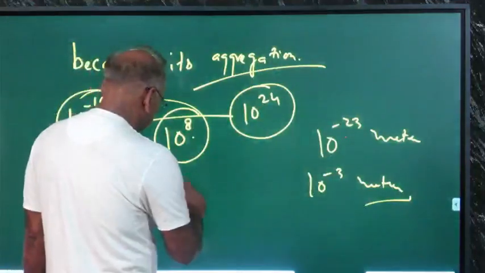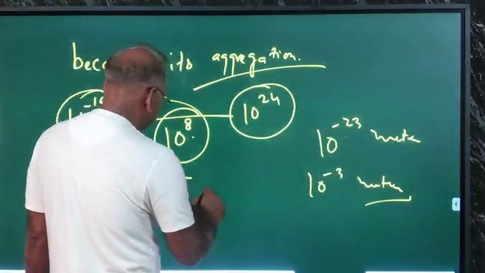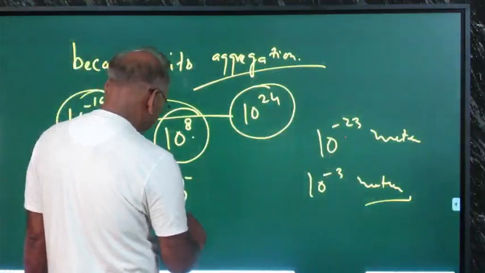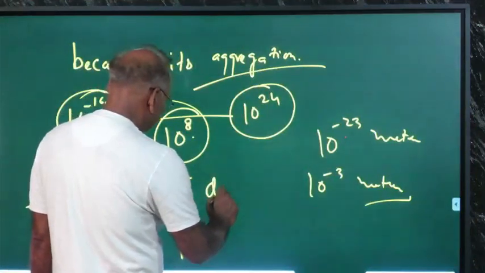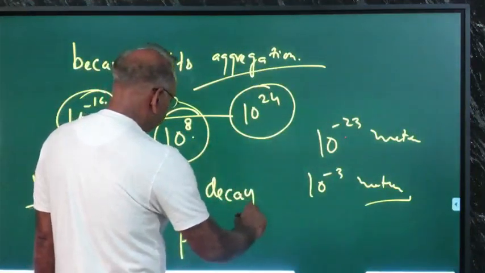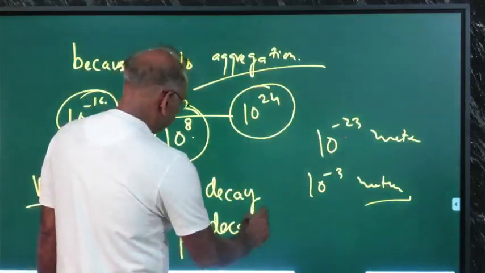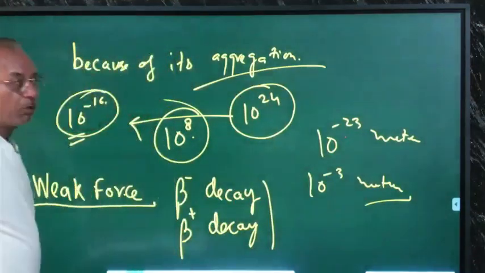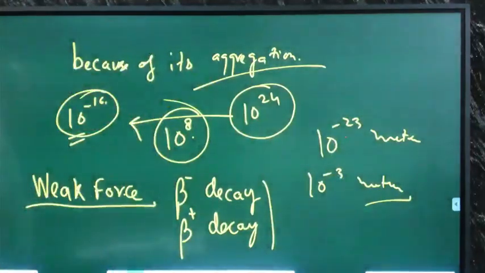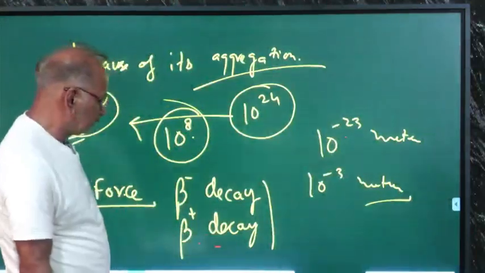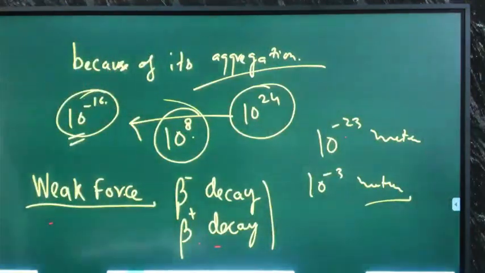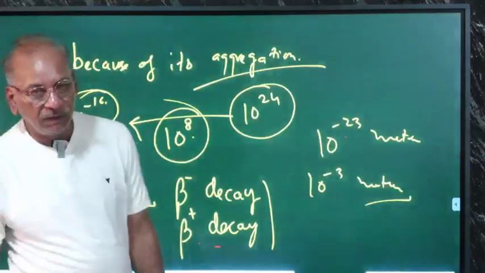This is observed in beta decay or beta plus decay. This is out of scope of this book. Just know the name and where it is involved. Nothing more is going to be discussed at this level.